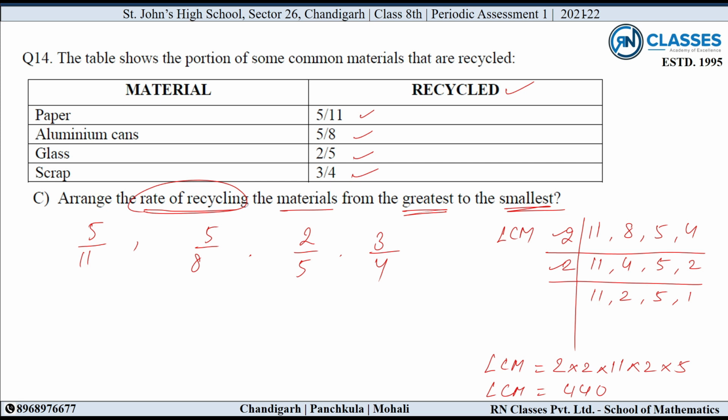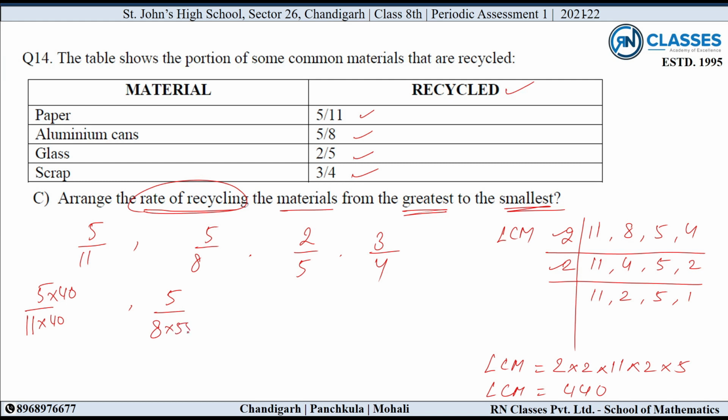Now, comparing. So, denominator में you have to make it 440. So, the first number would be 5 by 11. In the denominator what has to be multiplied so that it becomes 440? I'll multiply it with 40. So, in the numerator you have to multiply it with 40. Now the next number would be 5 by 8. In the denominator you have to multiply it with something to make it 440.